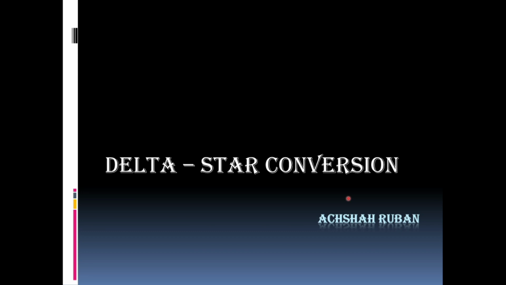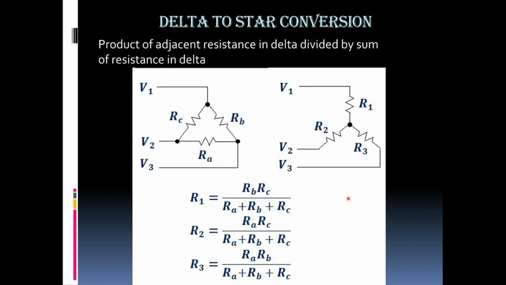This is Aksha Ruben. In today's video, we're going to see delta to star conversion. To begin with, how do you find the resistance of a resistor connected in star? There's a formula: product of adjacent resistance in delta divided by the sum of resistance in delta.